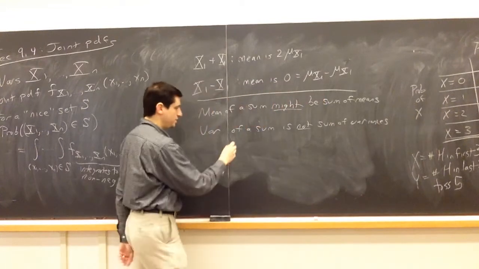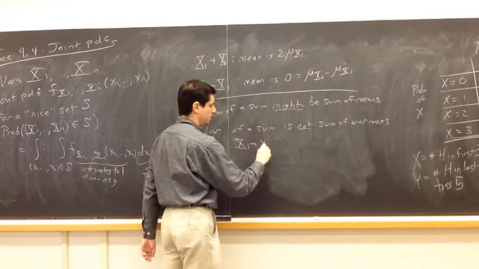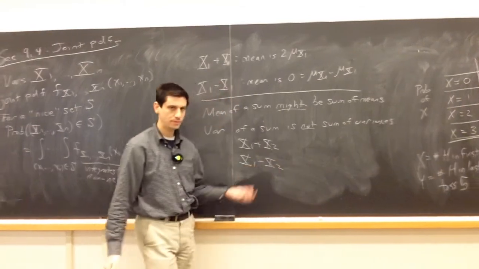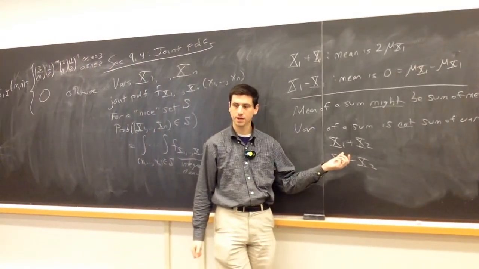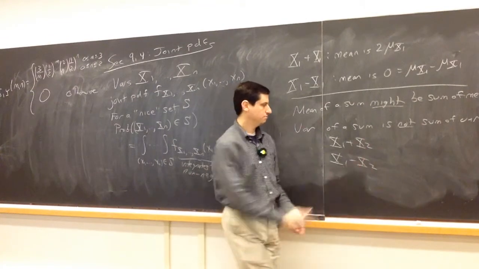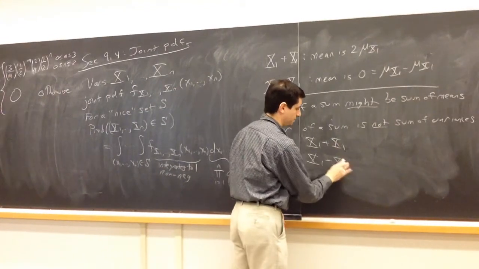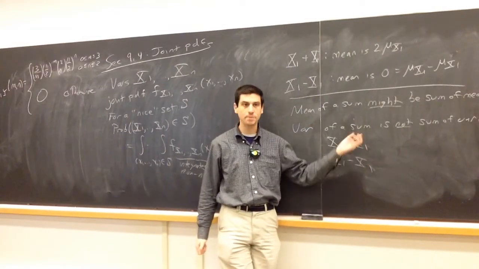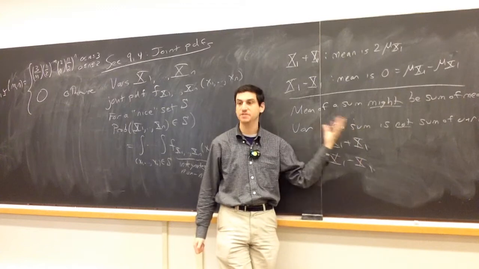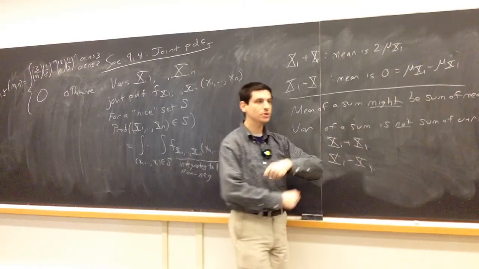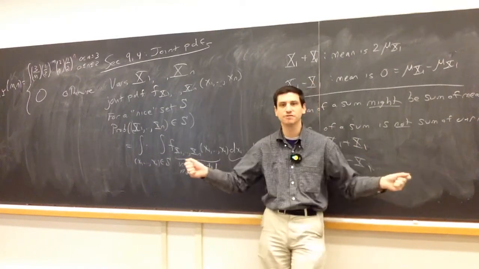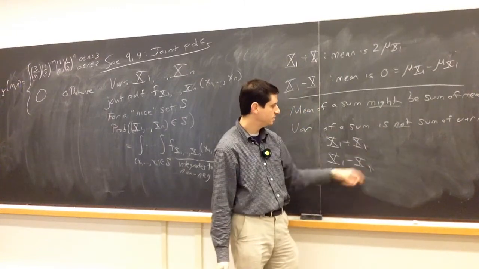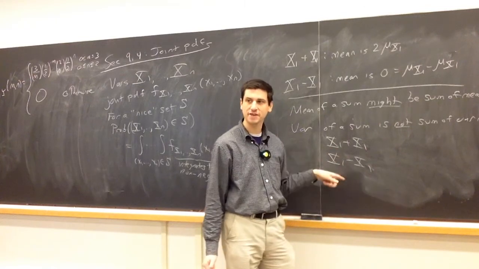And so again, if we take x1 plus x2 and x1 minus x2, that should be 1s. x1 and negative x1 have opposite means, but they have the same variance. They have the same fluctuations. If I just multiply through by negative 1, I'm not changing the fluctuations about the mean. So if the variance is just the sum of the variances, these two quantities have to have the same variance.